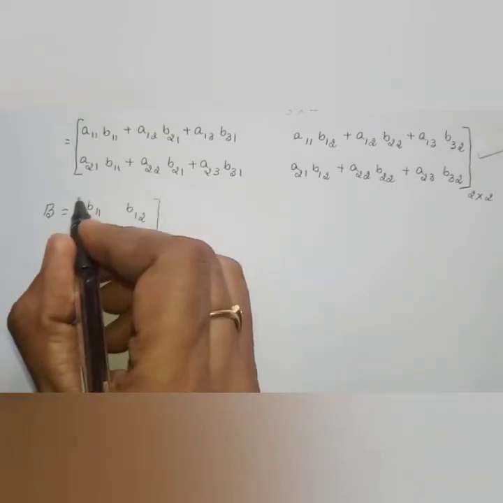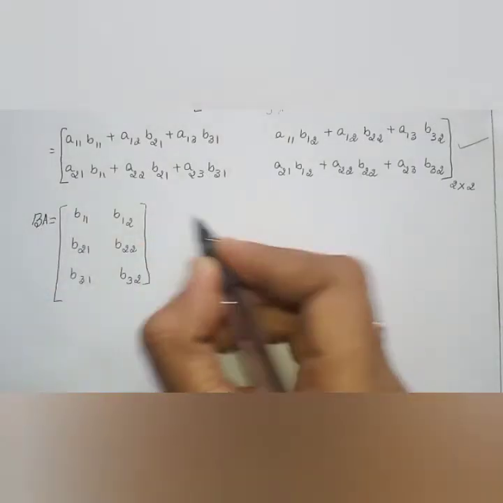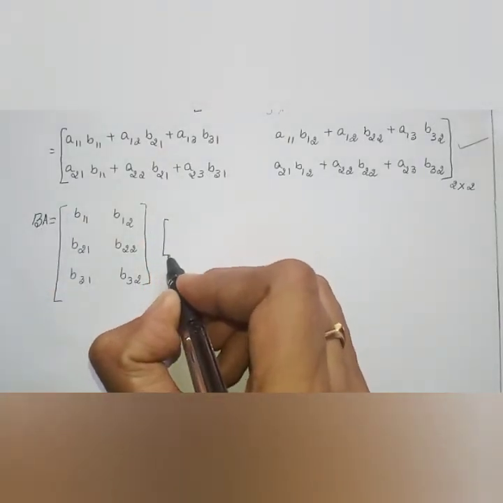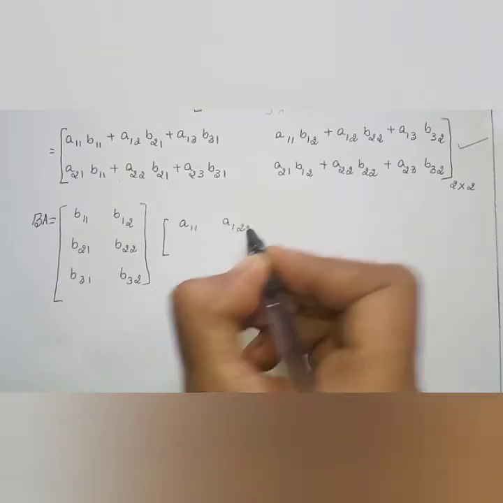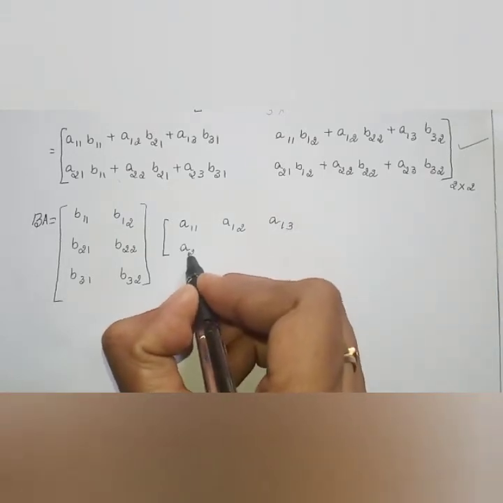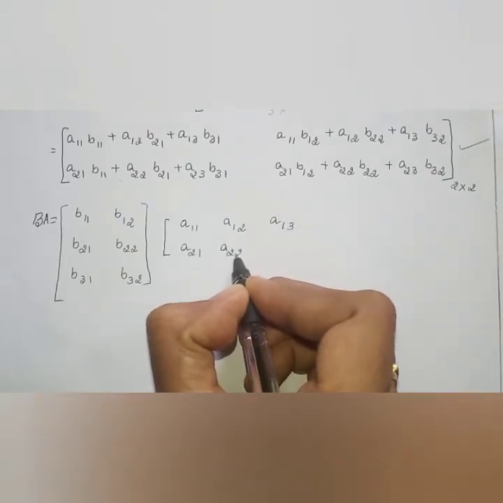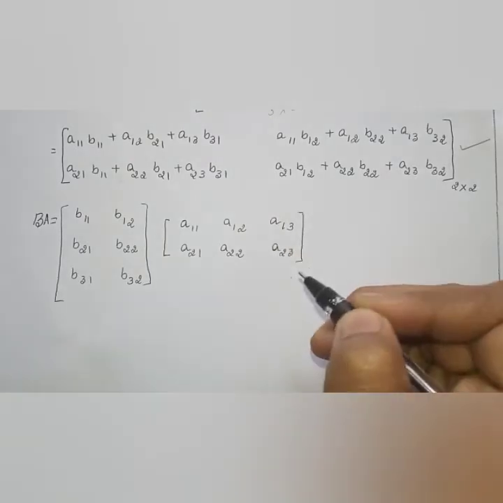So this is the matrix B. Then matrix A, since we want BA here. The matrix A is A11, A12, A13, A21, A22, A23. First check the order.